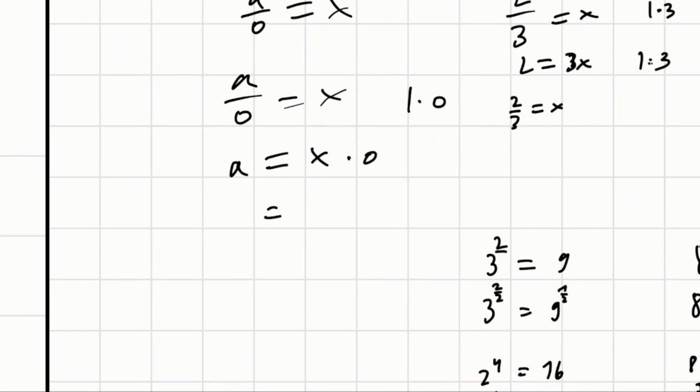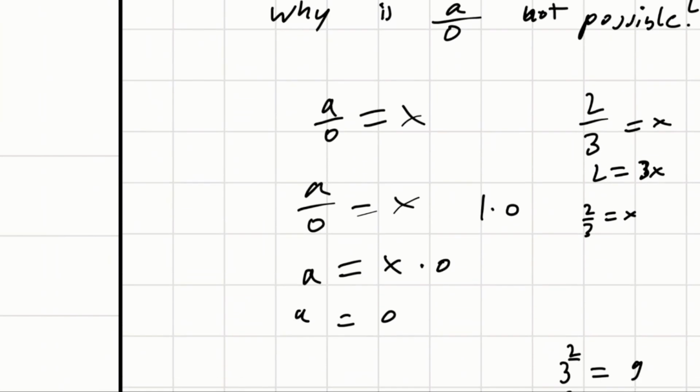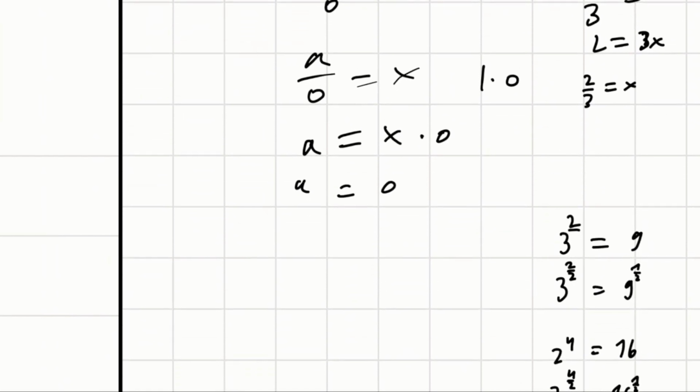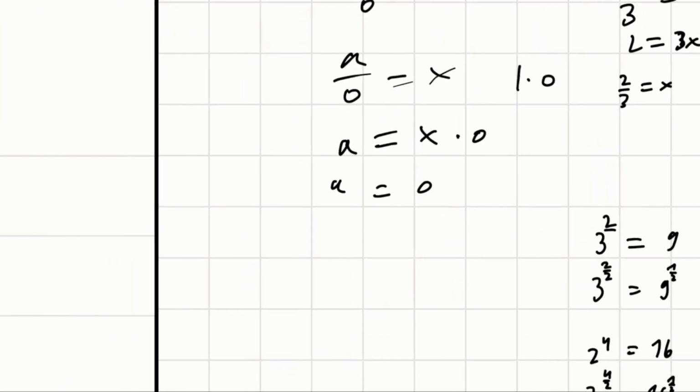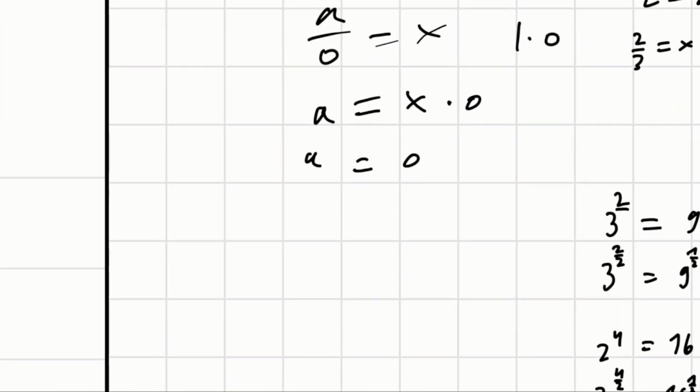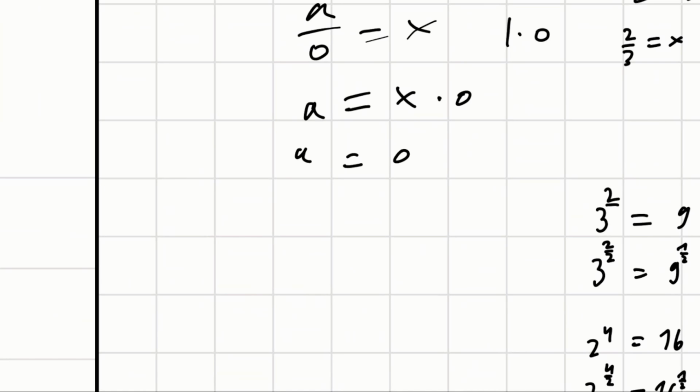So a equals 0. This gives us a big problem, because this would mean that every number a is equal to 0, and this is not true. I personally would say there's only one correct, and this is 0 divided by 0 equals 0.